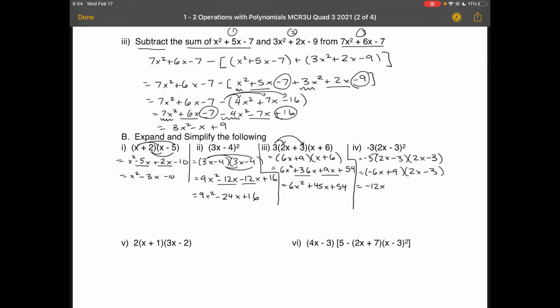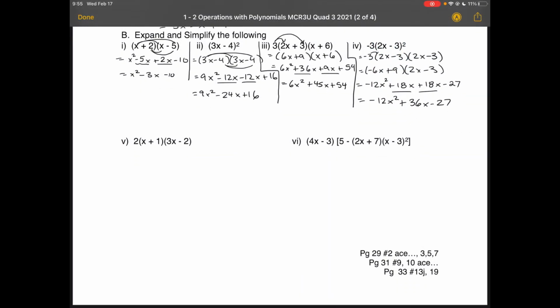So minus 12x squared plus 18x plus 18x, and then minus 27, which I can simplify a little bit further by collecting like terms as minus 12x squared plus 36x minus 27.